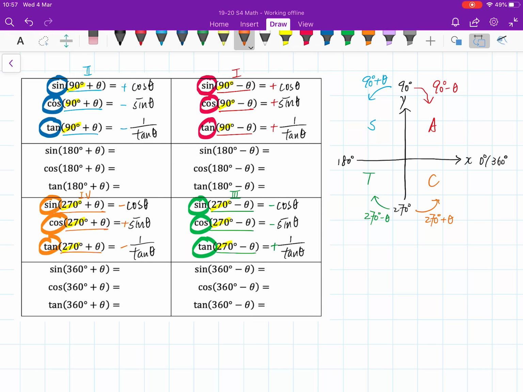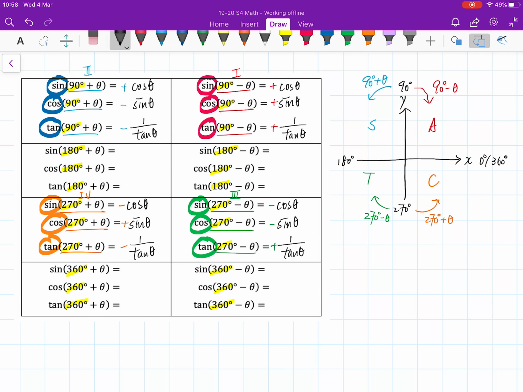Okay, then let's move on to 180 degree and 360 degree plus or minus theta. Okay, so there's a little bit different for the first step. For 180 degree or 360 degree, we don't have to change from sine into cosine, cosine into sine, and tangent into 1 over tangent.